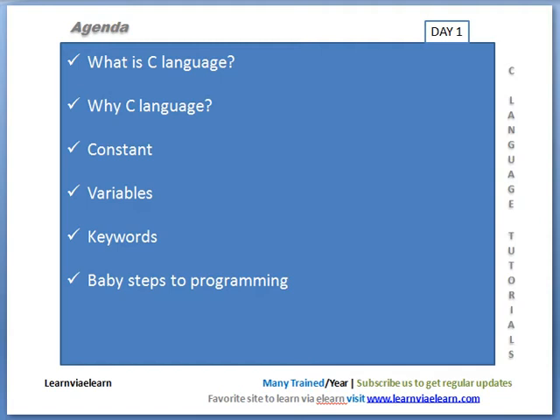And why C language? An opinion that is often heard today is that C has already been superseded by different languages like C++, C Sharp, Java, and so on. So why bother to learn C language today?